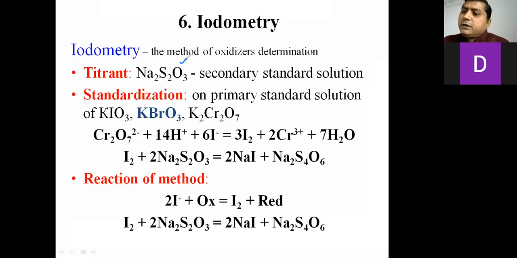We will discuss iodimetry in the next slide, where the iodine is directly involved in the titrations, but in iodometry the iodine is liberated. For standardization, primary standard solutions like potassium bromate and potassium dichromate can be used, and the reducing reagent is iodide, I minus, which is oxidized to iodine.